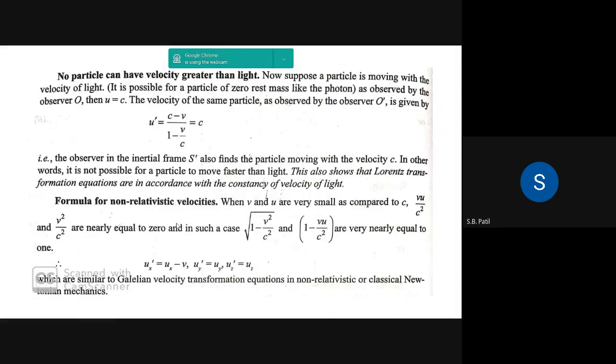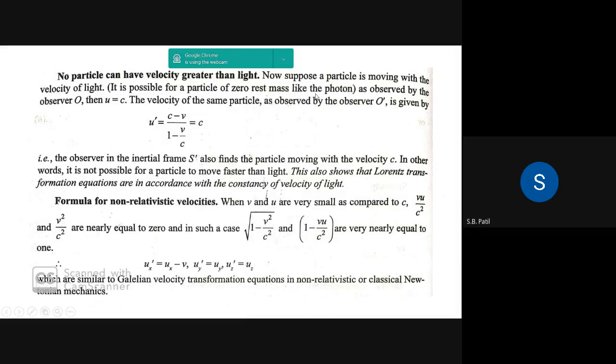Then we have to see the different cases. No particle can have a velocity greater than light. That means suppose the particle is moving with the velocity of light. Then it is possible for a particle of zero rest mass. That means the photon is a particle having zero rest mass.